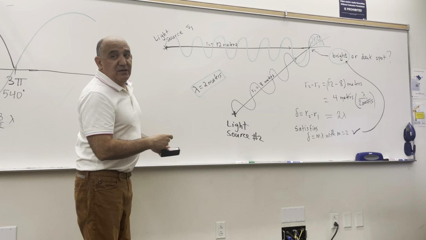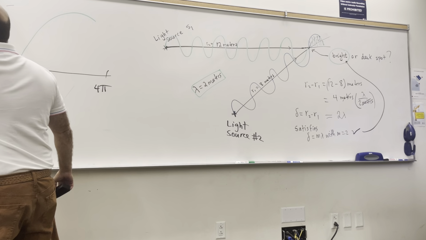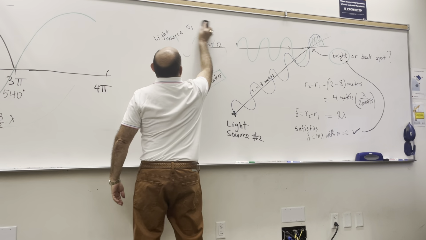Can I erase this example now? So I can use this side of the board to write a condition that has to be satisfied for destructive interference to occur.